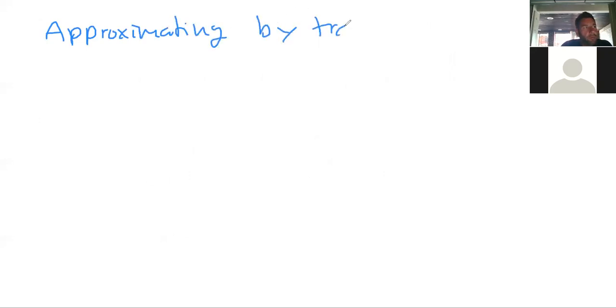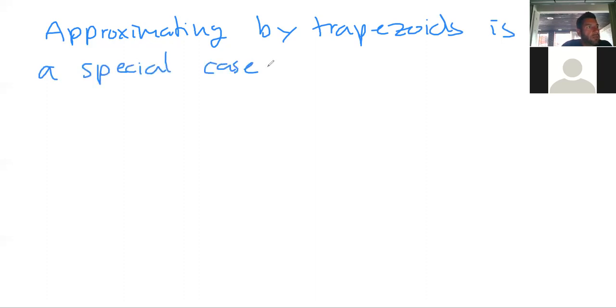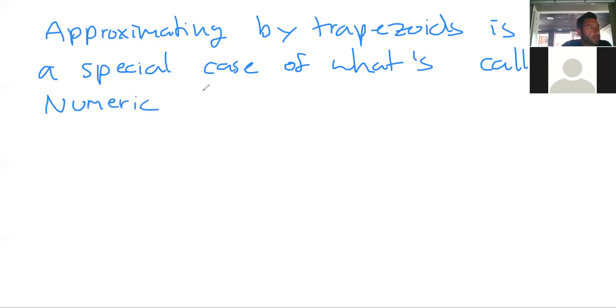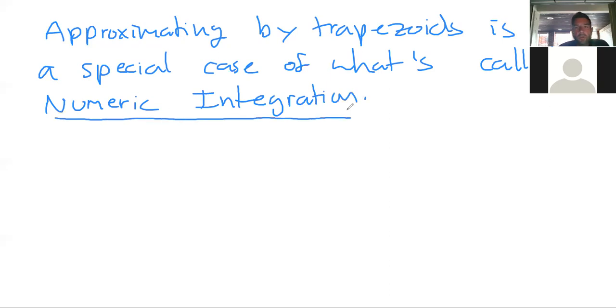So approximating by trapezoids is a special case of what's called numerical or just numeric integration. The adjective numeric, you can compare and contrast to what we've been doing.